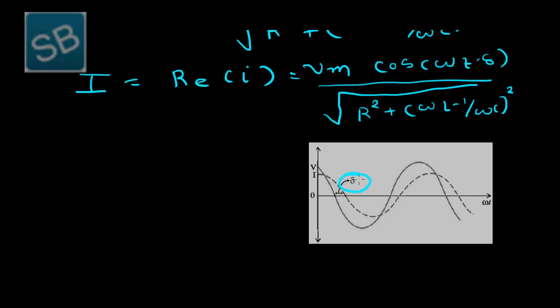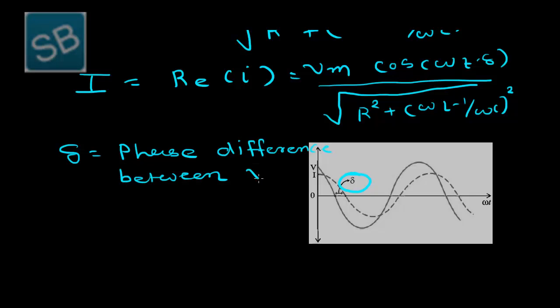So delta is actually the phase difference between voltage V and current I.